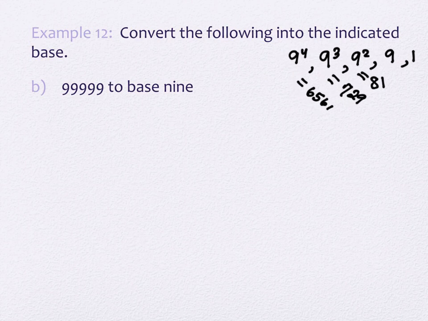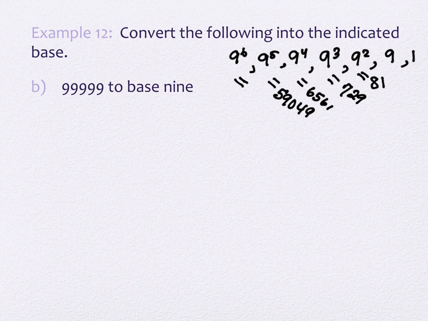Okay, and then I need 9 to the 5th. What's 9 to the 5th? Okay, and we'll go ahead and do 9 to the 6th. It's going to be too big, but what is 9 to the 6th?